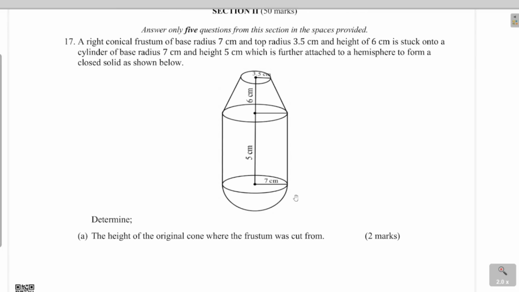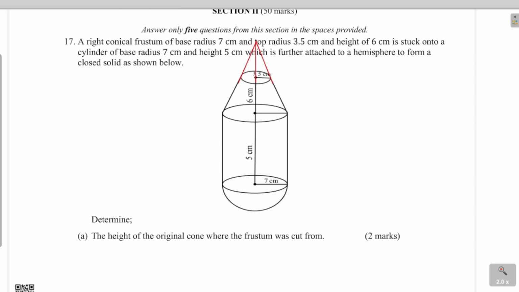So we'll begin by completing the frustum. Before it was cut, it was looking like this. I can also add this height there.